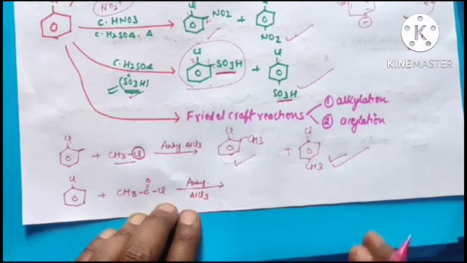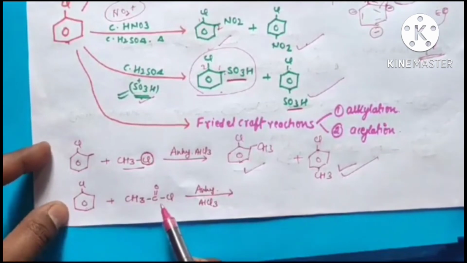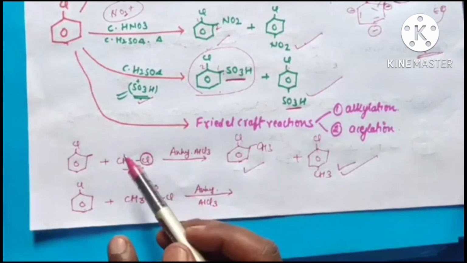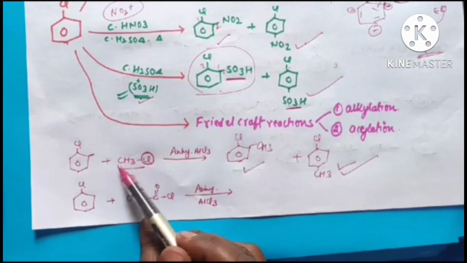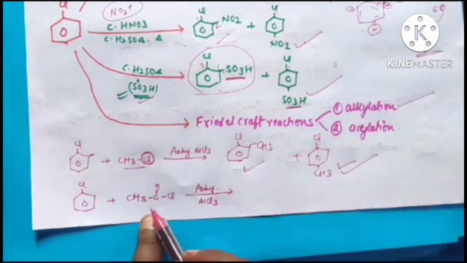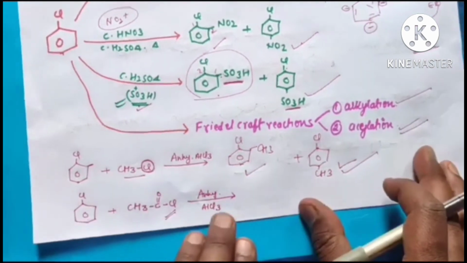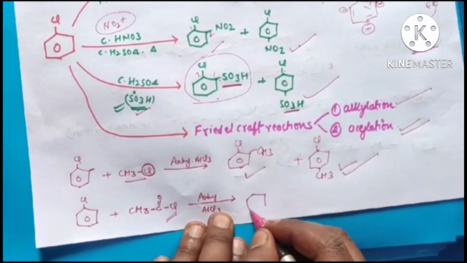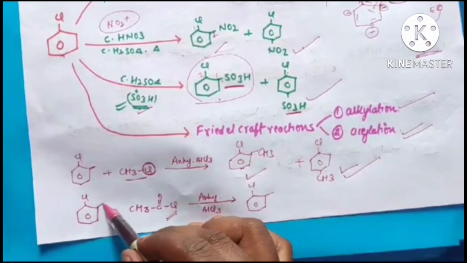And similarly, you can do the reaction if the haloarenes react with acetyl chloride in presence of AlCl3. So if the reaction occurs with the alkyl chloride, this reaction is known as Friedel-Crafts alkylation. If this is acetyl chloride, this reaction is known as Friedel-Crafts acylation. So simple reaction will occur. This is Cl. Now again there is hydrogen, there is again Cl.